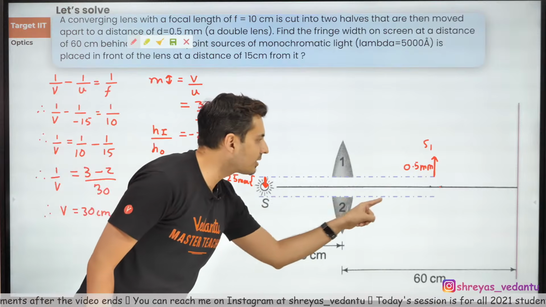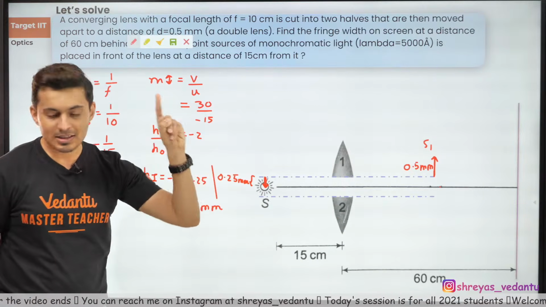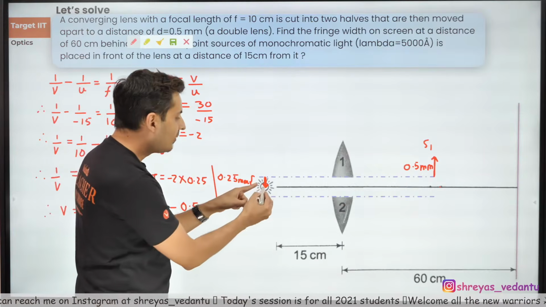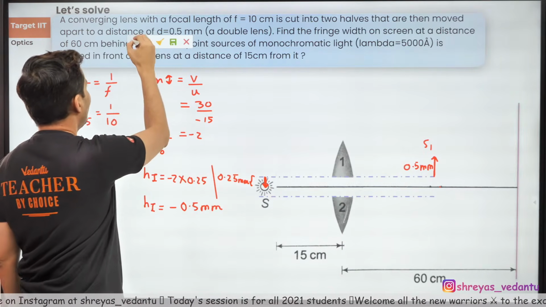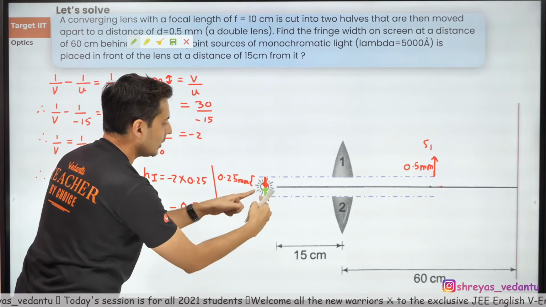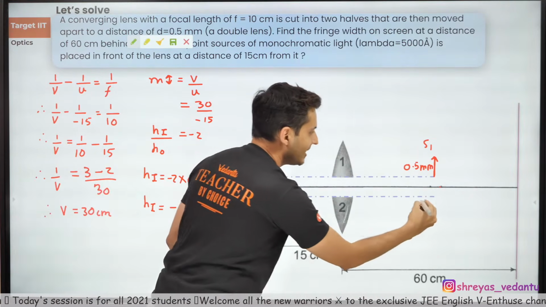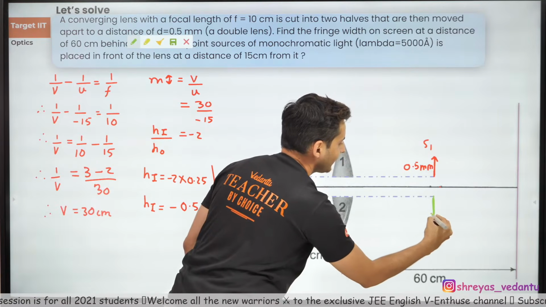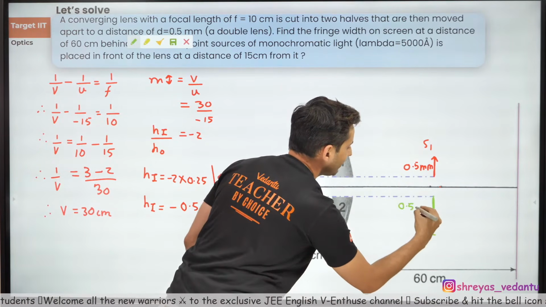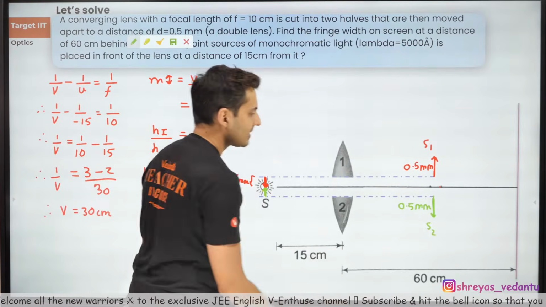Now, similarly for this principal axis, where would the image be formed? Obviously, take this again as an object. Okay, it's the same thing, guys. Take this as an object for this principal axis. The image will be formed here, guys, and I will call this S2, and this will be obviously 0.5 millimeters.